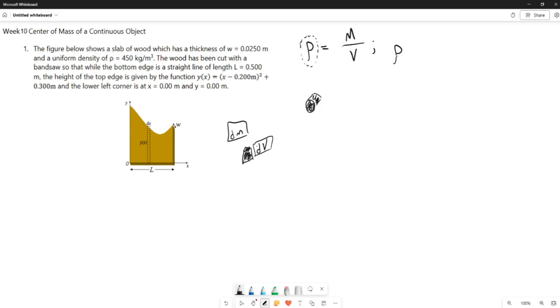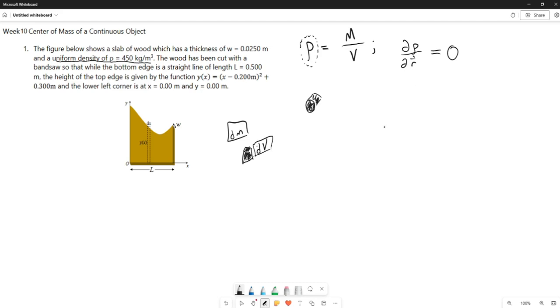If you have a uniform density, another way to write this mathematically is that your mass density itself, rho, with respect to your spatial coordinates, is equal to 0. Why do I say that? Because your uniform density is mass per volume.